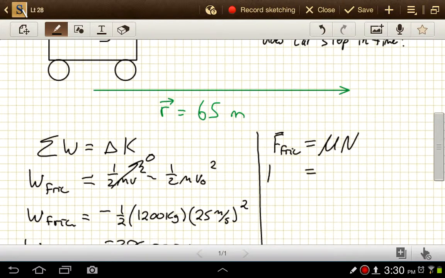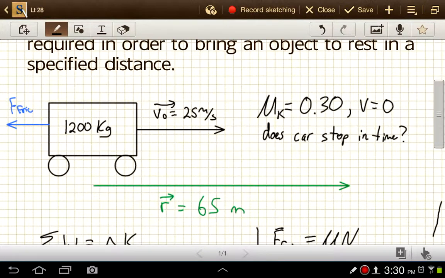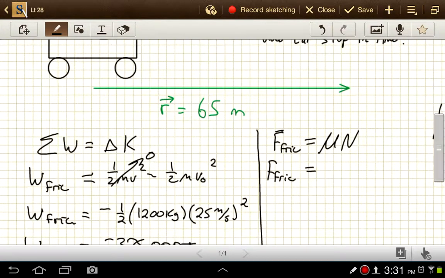In this case, since we have our object at rest in the vertical direction, we know that the vertical forces have to balance each other out. So we'd have a downward force of gravity or weight, and then an upward normal force from the road.